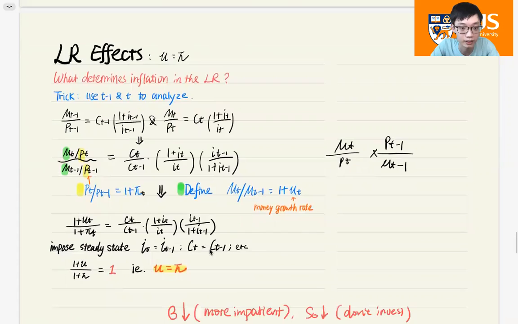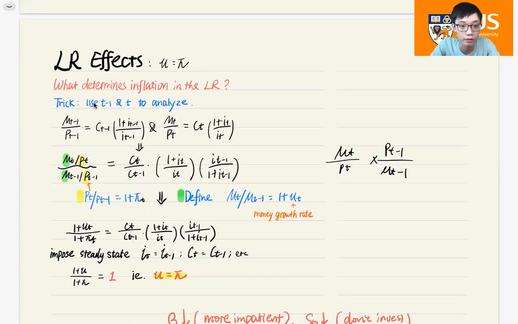Finally, we use the T minus 1 period and T period equations to analyze. And in the end, you will see canceling all the factors, impose the steady state here. 1 plus mu over 1 plus pi is 1, which means mu is equal to pi.